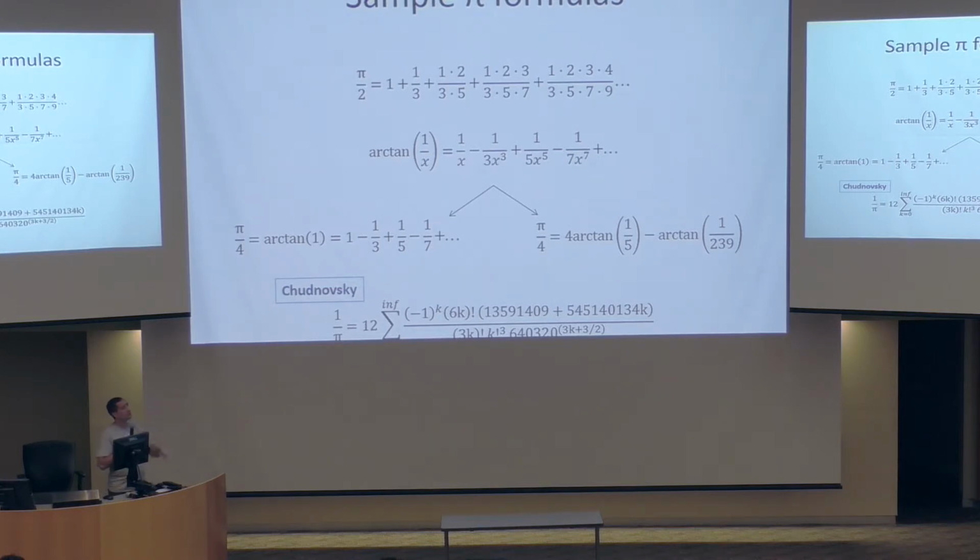From some pretty simple ones up top. Arctangent: in Calc 2, you probably have been or will be exposed to some formulas for pi based on arctangent. Interestingly, the one on the left is pretty simple, and it's just arctangent of 1.